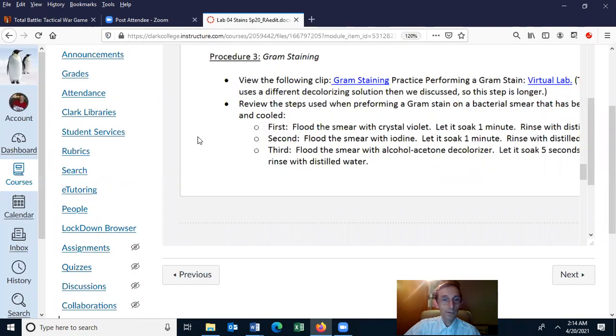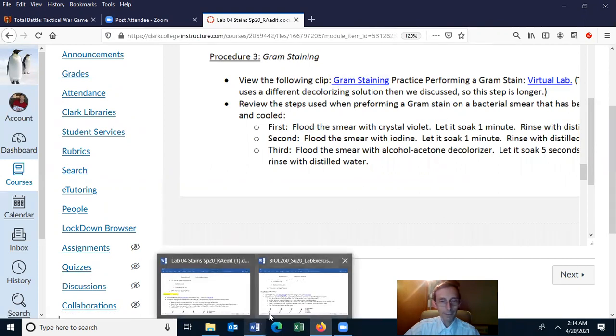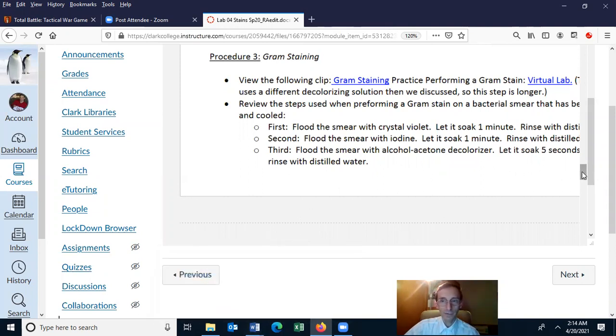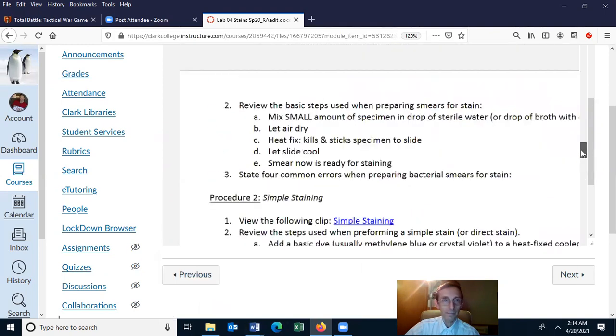Alright, so the virtual lab for the gram stain does work, at least from Canvas. I need to update my own version, and I was wondering about that. Let me double check to make sure the virtual lab is working in the worksheet.